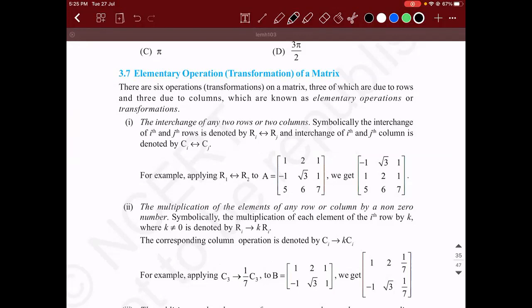Relations and functions, 8 marks, algebra, 10 marks. Oh, only invertible matrices they have given. So determinants and inverse: determinant of a square matrix, minus cofactors and application of determinants in finding the area of a triangle. Adjoint.